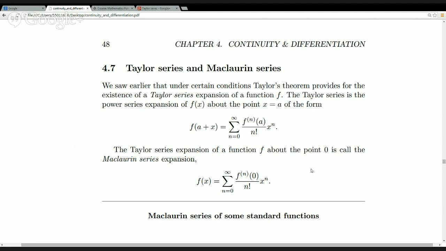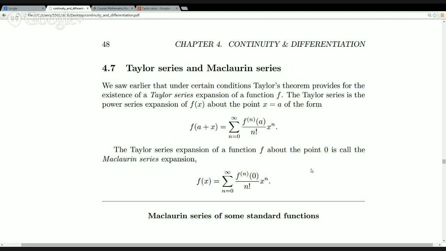So An has to be the nth derivative of f evaluated at 0 divided by n factorial. So you can discover that this is valid for every value of n. And you can do a little induction proof if you want to set it up exactly. I'll just put a little note here.